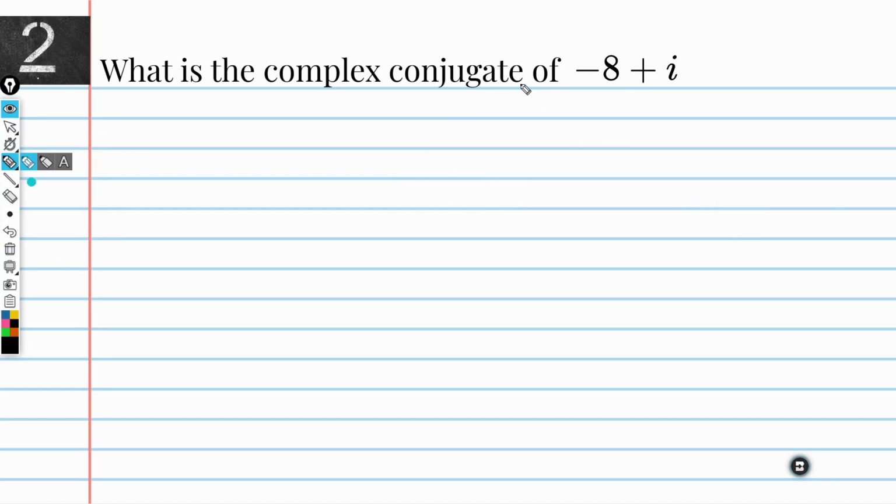So our real number part will stay the same, so negative 8, and our imaginary part will change. So negative i. So there's our complex conjugate of negative i, 8 plus i.